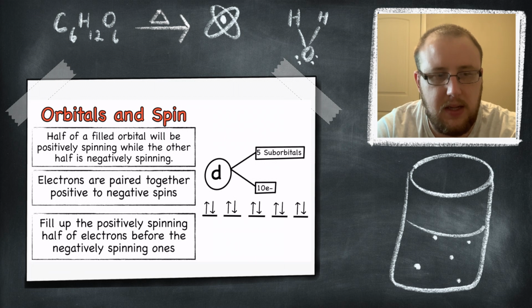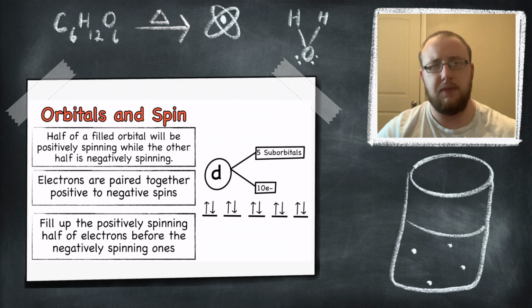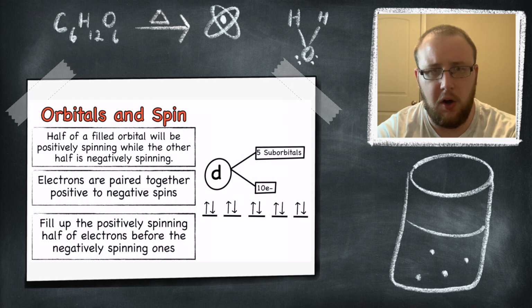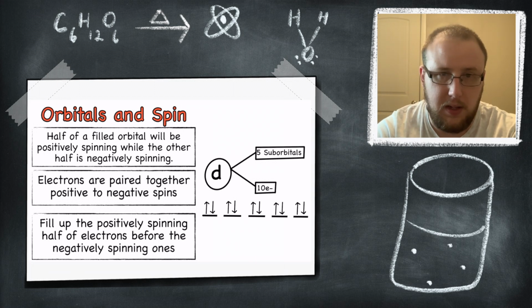This will, again, be evident in a second. Each subsection must fill their positively spinning arrows first. So you must first fill all the upspinning arrows, or upspinning electrons. Okay, so back up. We've mapped out all of our electrons in an atom.